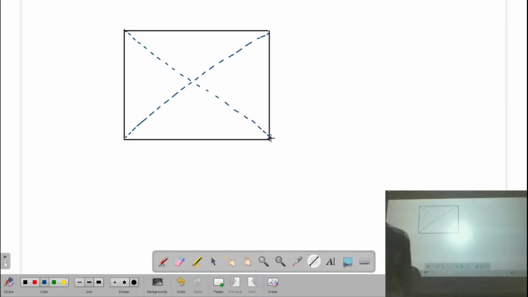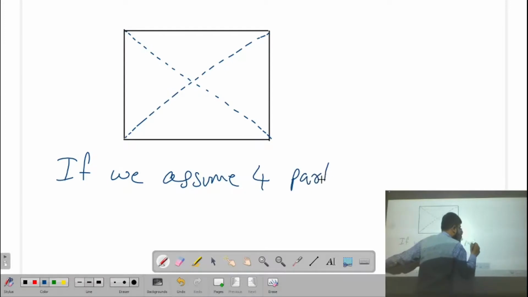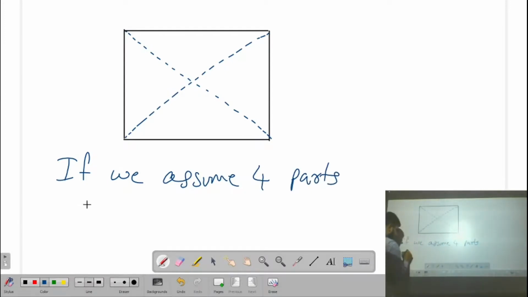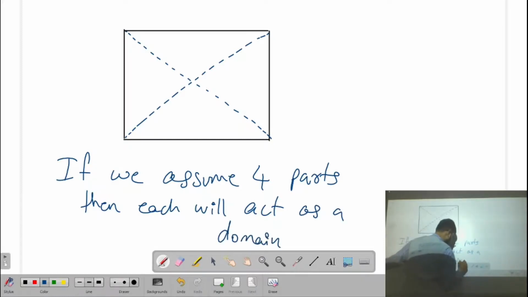So if we assume that these are four individual domains, four parts, then each will act as a domain.